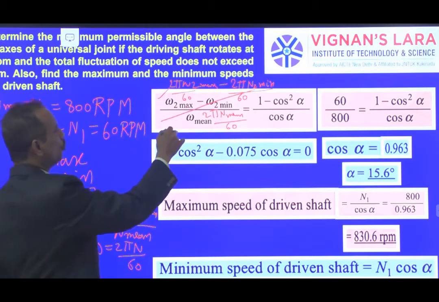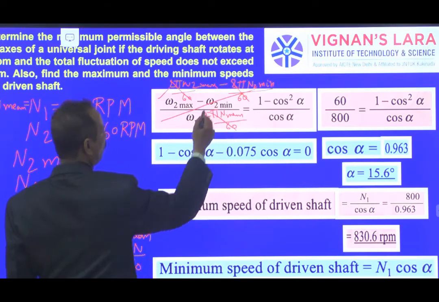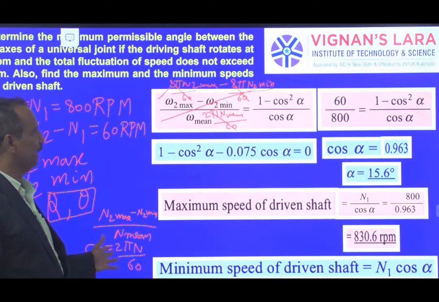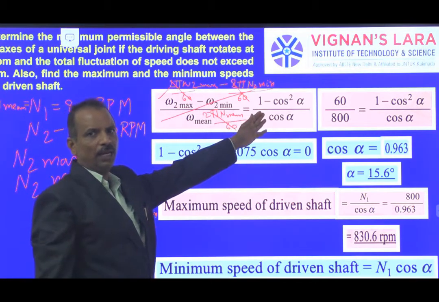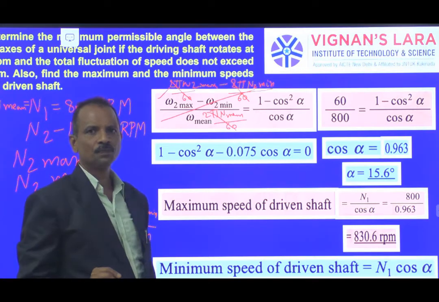Everywhere the 2 pi by 60 term is there, it gets cancelled, so what will be left? N2 max minus N2 minimum by N mean. So that is given by 1 minus cos square alpha by cos alpha.